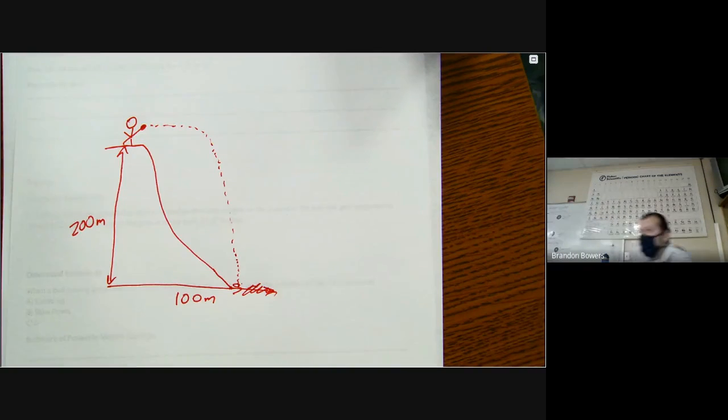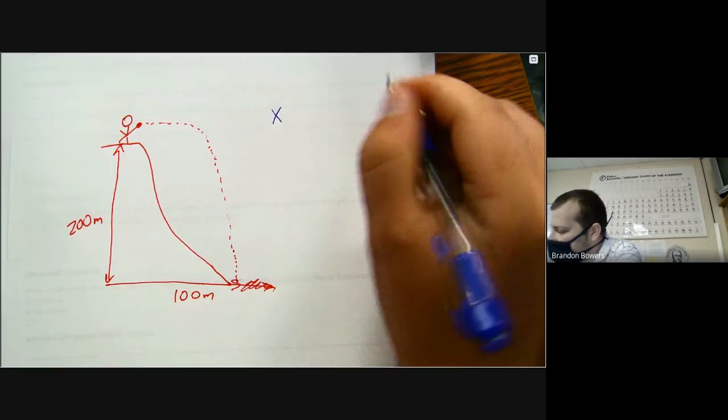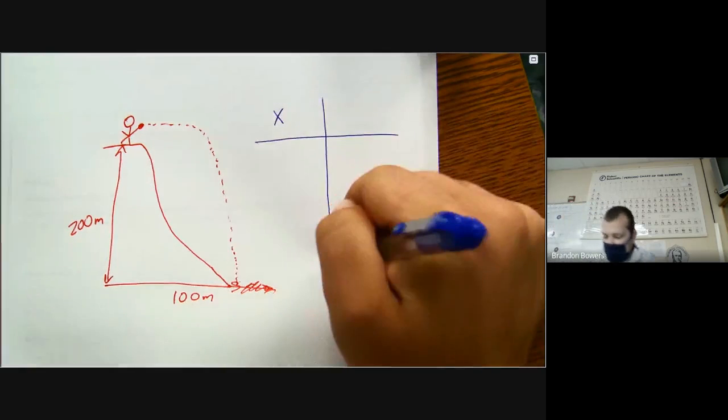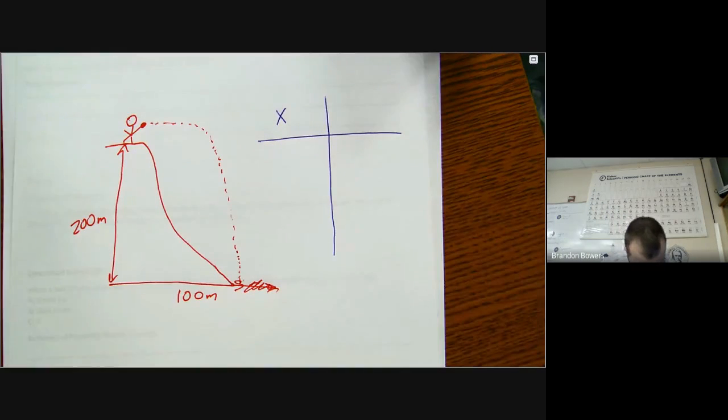Now, this is the tricky part because we have a lot of things to analyze. I'm going to do two different colors. We're going to have the X. How about green?